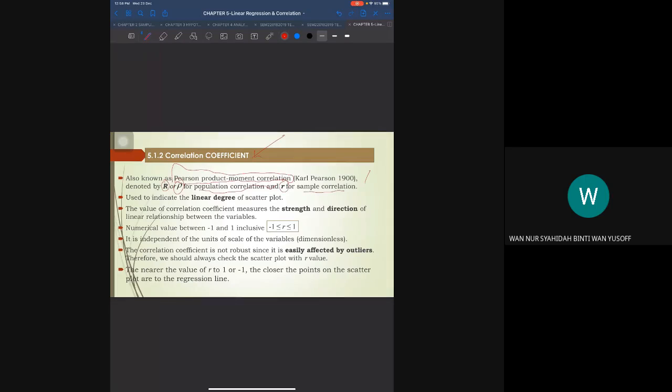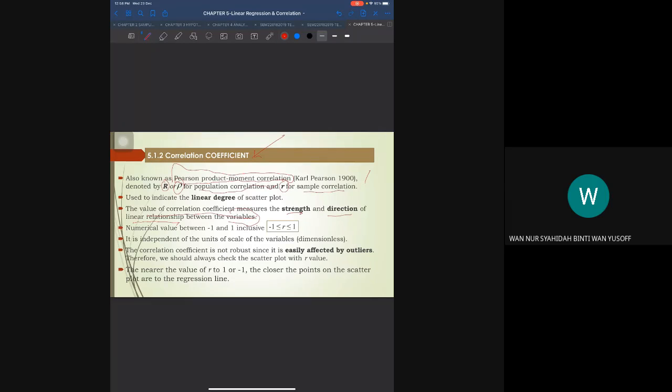That's why I said if your scatter plot is positive, then r also must be positive. They must be consistent with each other. They cannot contradict each other. So the value of r measures the strength and also the direction of the linear relationship between variables. By using the scatter plot, we cannot determine the strength.